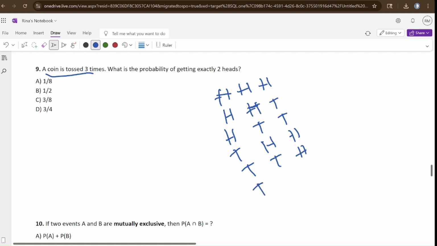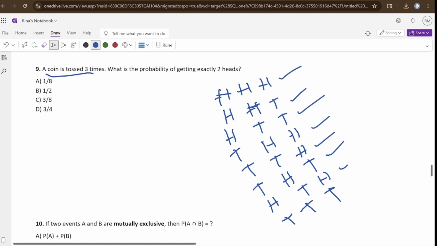Or maybe this is tail, but this is head and this is tail. Same way, again, it may be head, it may be tail, it may be head. Or maybe all of them are tail. These are the total combinations, right? So 1, 2, 3, 4, 5, 6, 7, 8. So this is total 8.